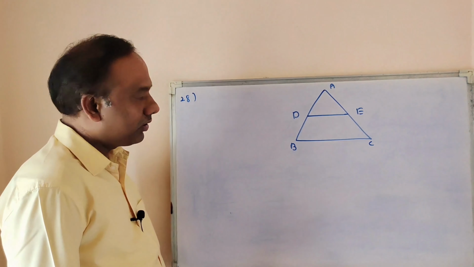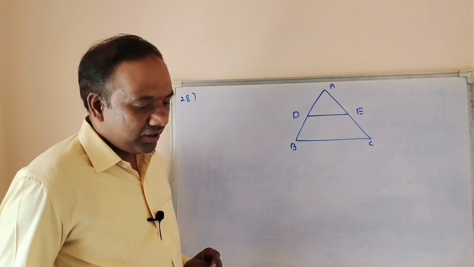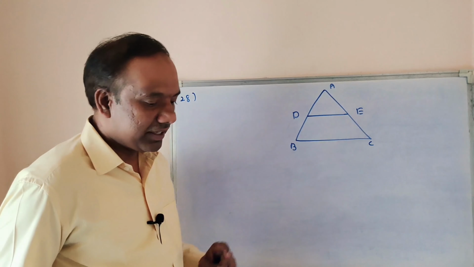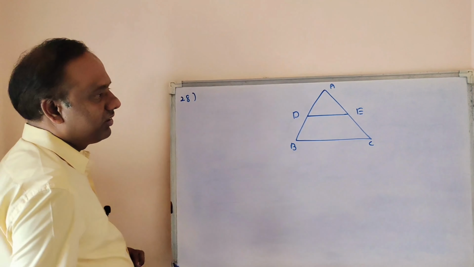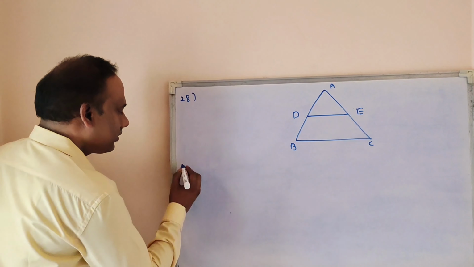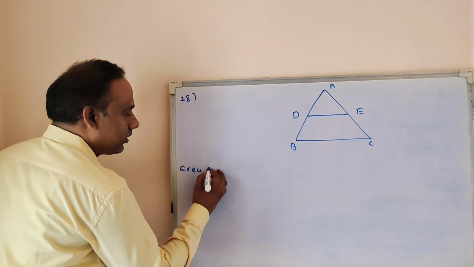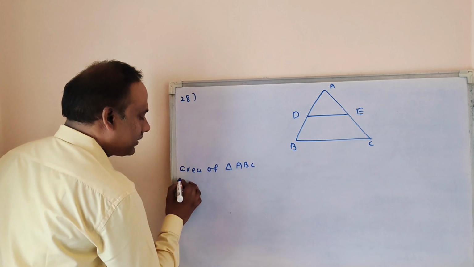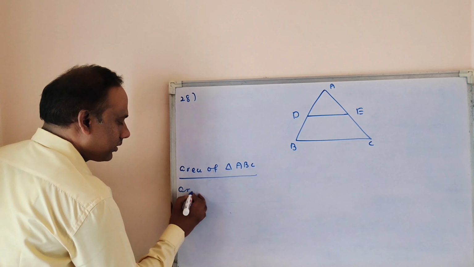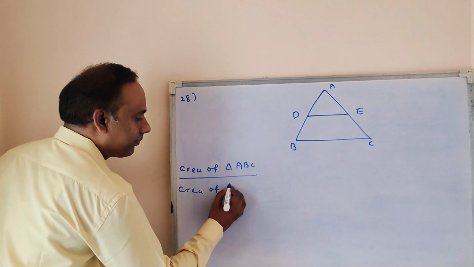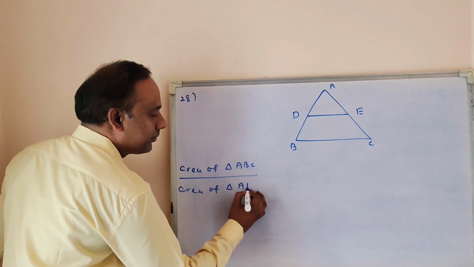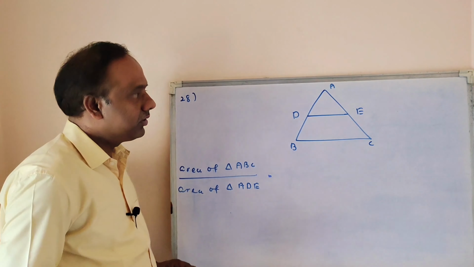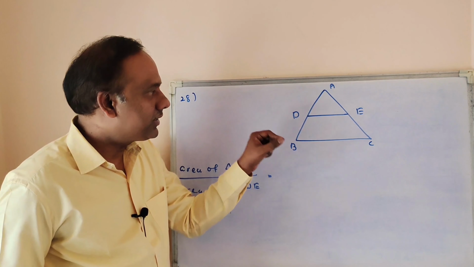So here the question is, area of triangle ABC is to area of triangle ADE. So it is actually a theorem. The theorem is area of triangle ABC by area of triangle ADE is equal to the square of the corresponding sides.